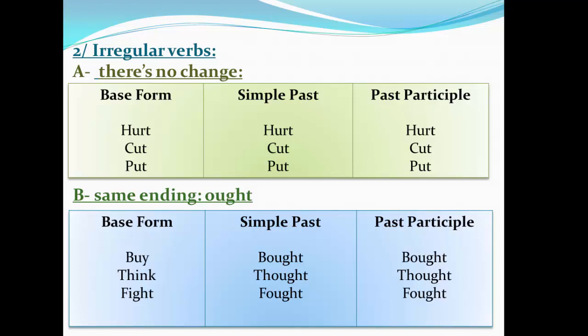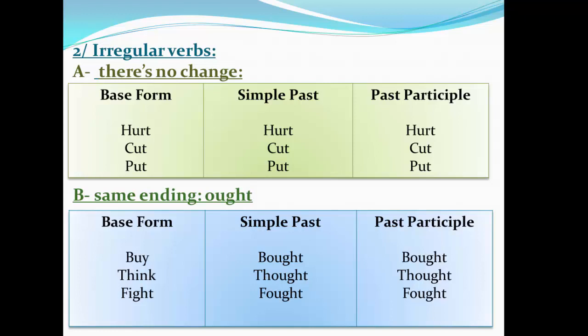So then we have some verbs that have the same ending. They end with O-U-G-H-T at the end of the verb in the simple past and past participle. Like buy, buy يعني يشتري. Buy becomes bought in the simple past and bought in the past participle.